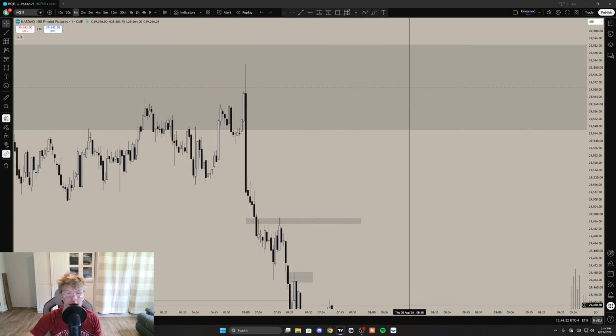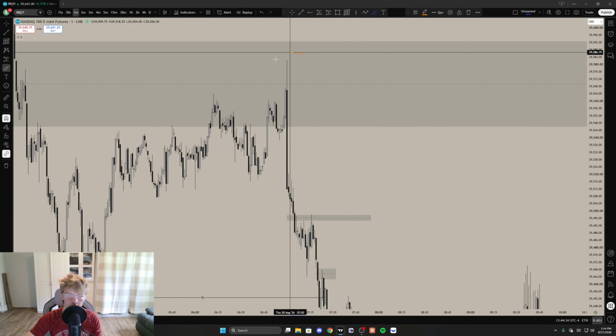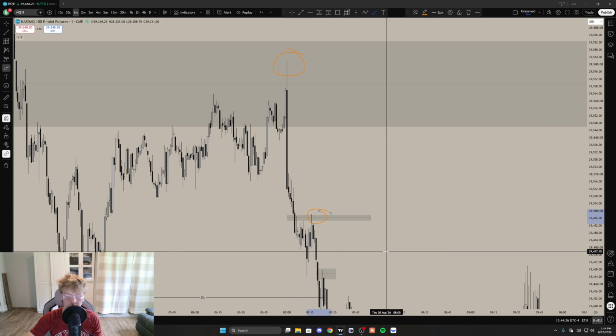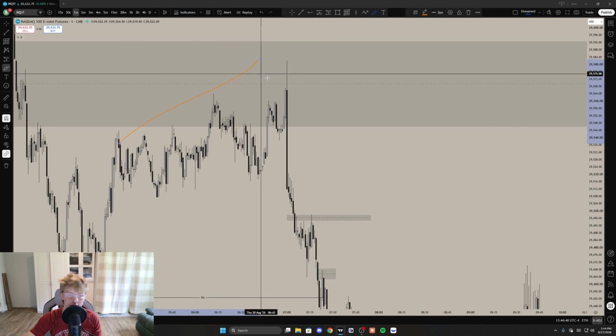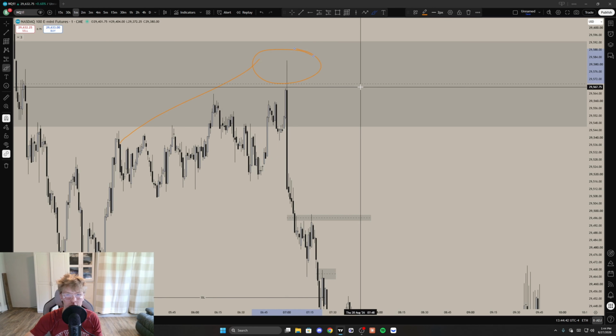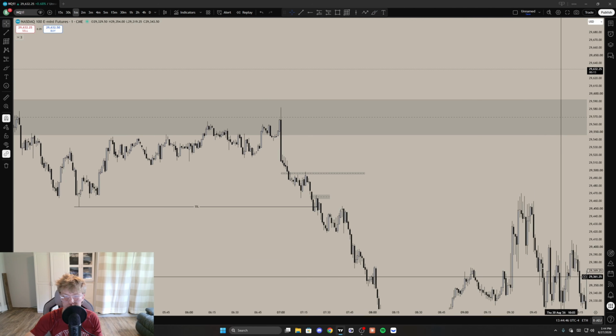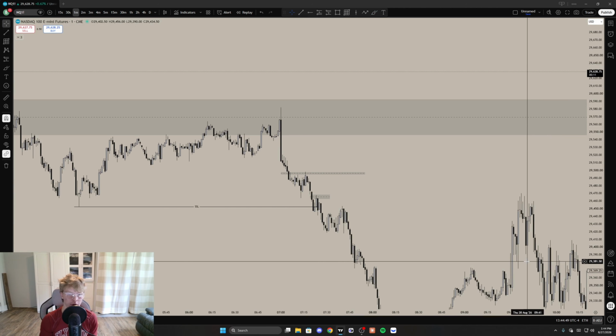Everything is from top down. So we have a higher time frame level as sponsorship. We get a 5-minute and then even a 1-minute that all holds, all because of this high resistance within a sponsored level, which is the higher time frame fair value gap in this situation, that is able to send us lower.